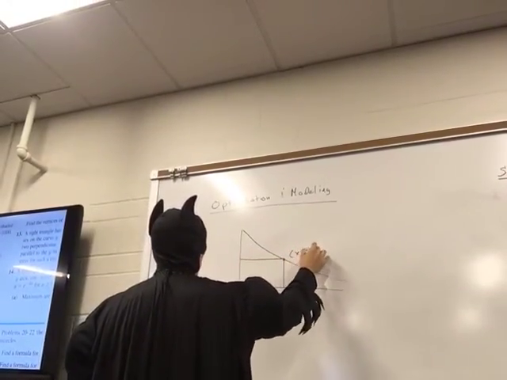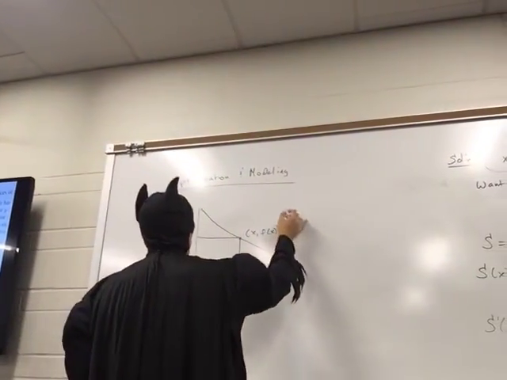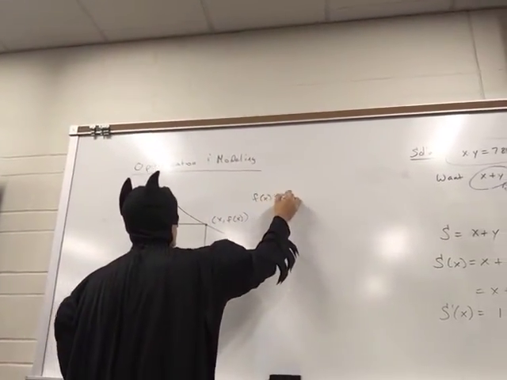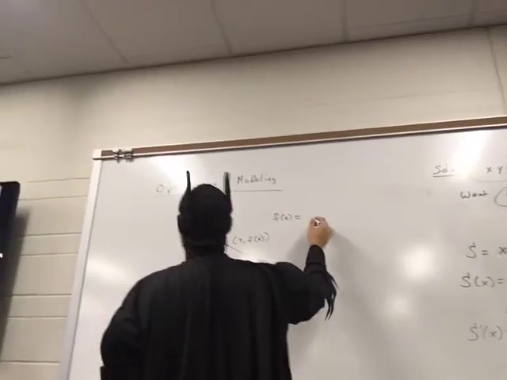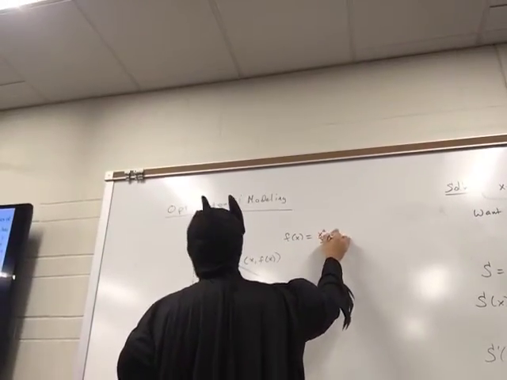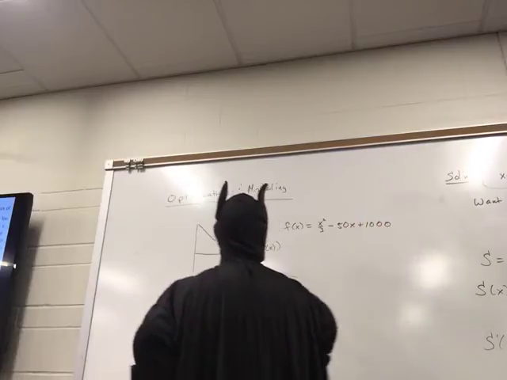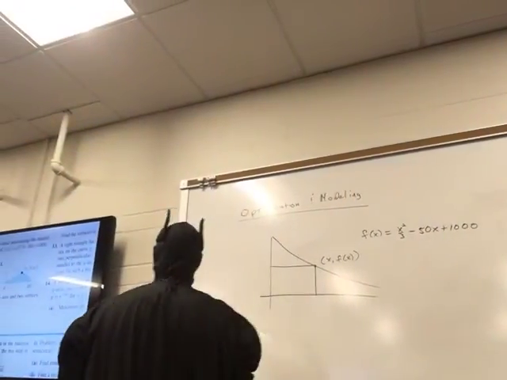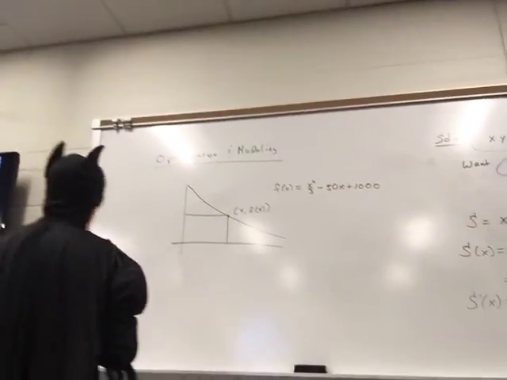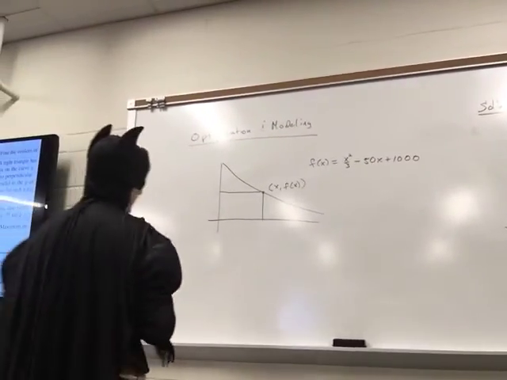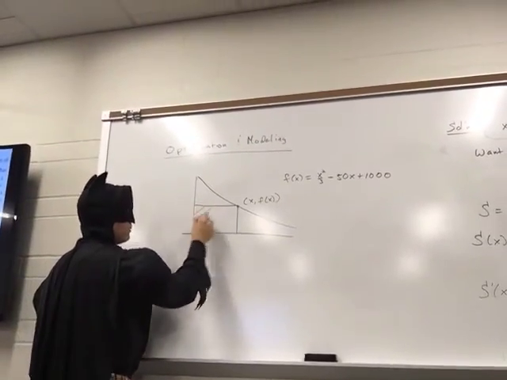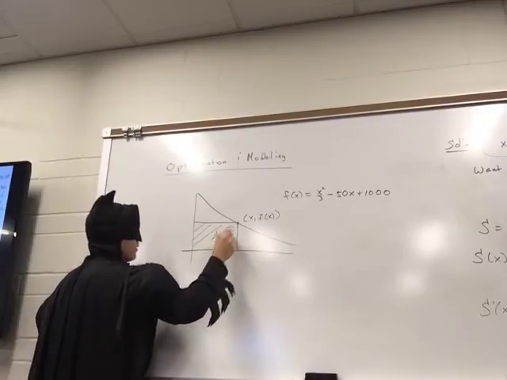This is the point x, f of x, where f of x equals, to make sure the numbers come out somewhat clean, x squared over 3 minus 50x plus 1,000. And the goal is to maximize the shaded area.